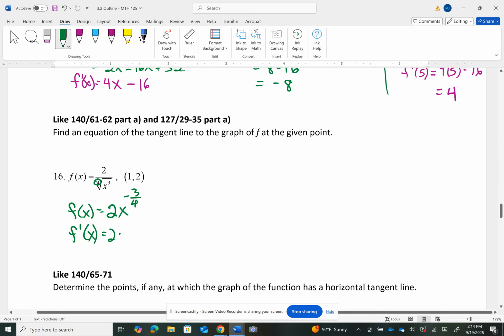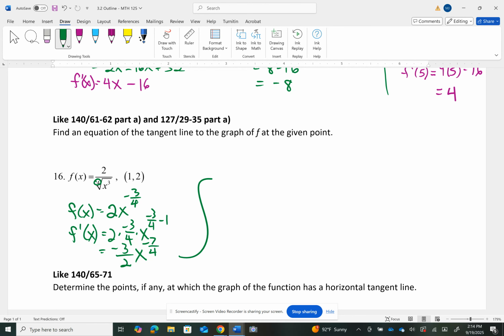So that would equal 2 times -3/4 times x to the -3/4 minus 1. Okay, now clean that up. And this one doesn't clean up very well. So 2 times -3/4 would be -3/2. And then -3/4 take away 4/4 would be -7/4.